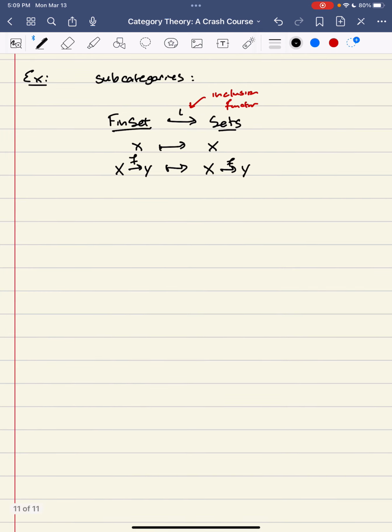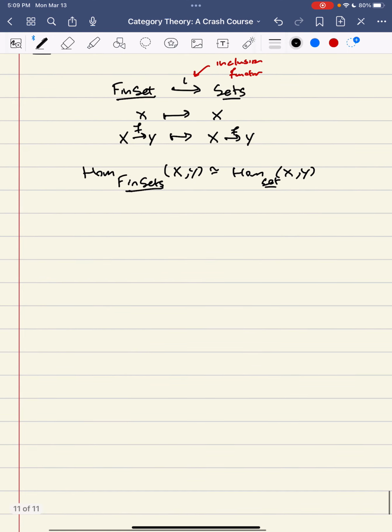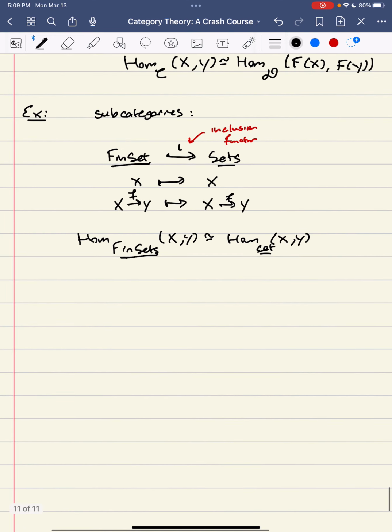So we'd say in this case, the set of morphisms from X to Y in FinSet is the same thing as the set of morphisms from X to Y, just considering them as sets and not finite sets. Likewise, this is a full subcategory.